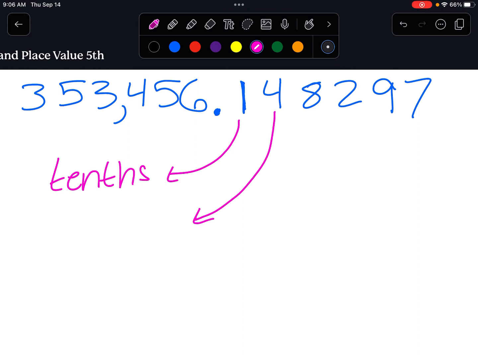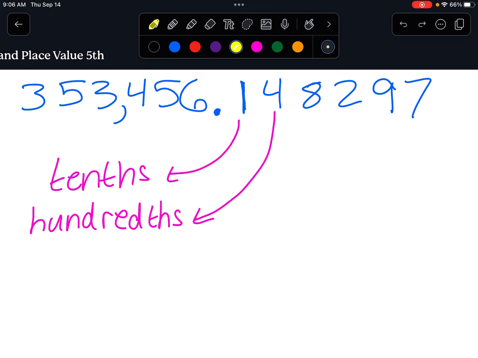It's the hundredths, because what comes after tenths? Hundredths. We know the order already because we've seen it here: ones, tens, hundreds, thousands. Similarly, there is no ones, so we start with tenths, hundredths, thousandths.